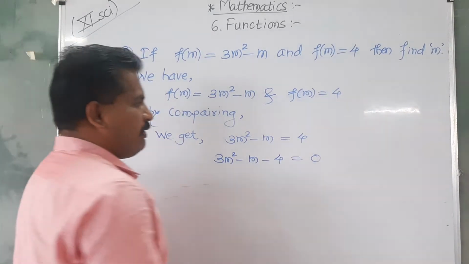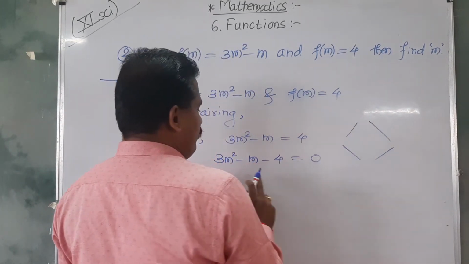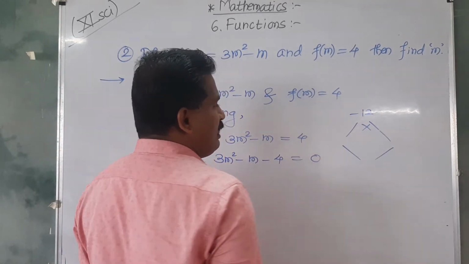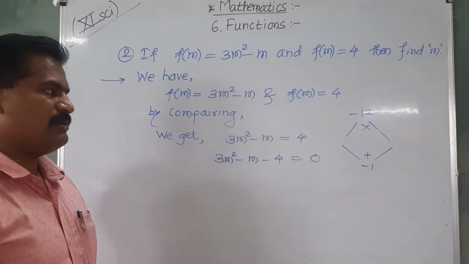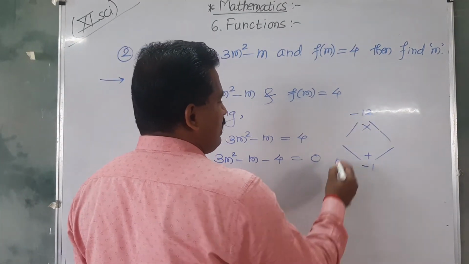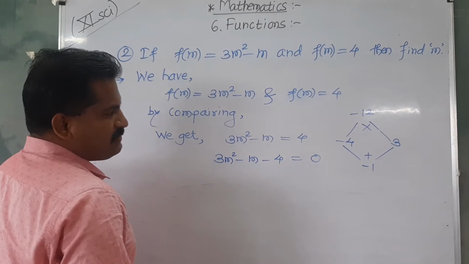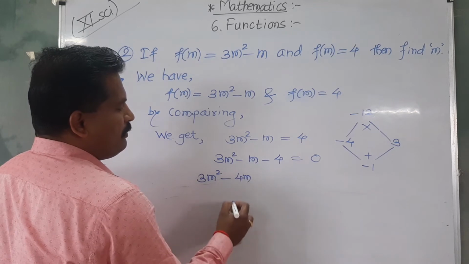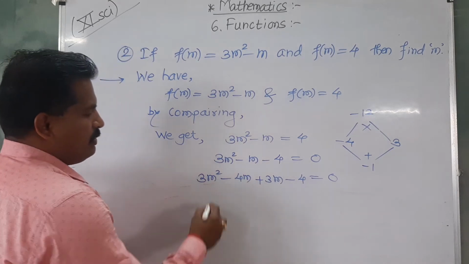Now we factorize it. Therefore, we need 3 into minus 4, minus 12, as a multiplication and minus 1 as addition. We need two factors with multiplication minus 12 and addition minus 1, that is minus 4 and 3. Therefore, 3m square minus 4m plus 3m minus 4 is equal to 0.